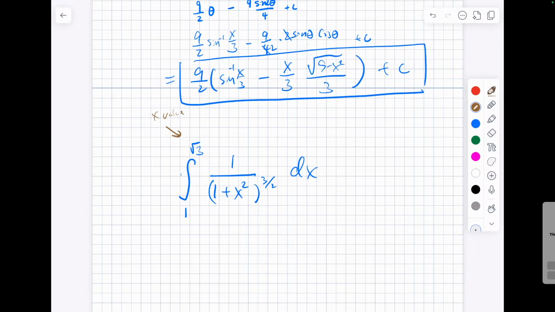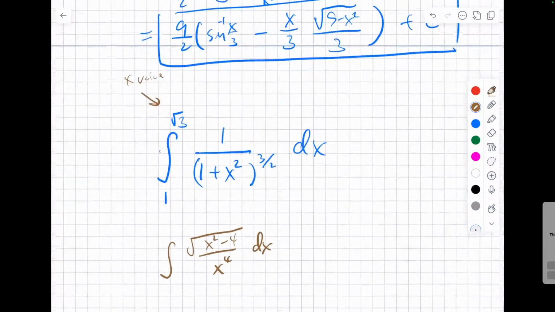Okay, so homework questions, you will get this question and this question. So 2 questions, not much. Okay, so these are the 2 questions that you have for homework.